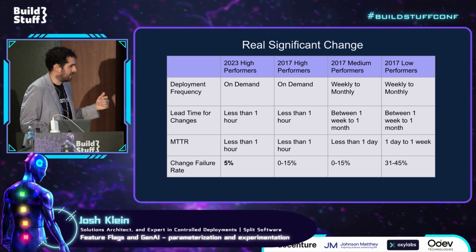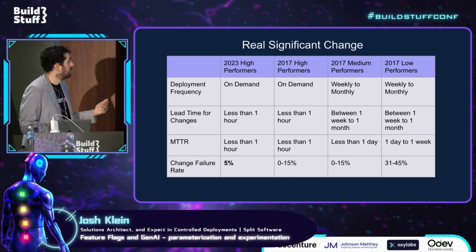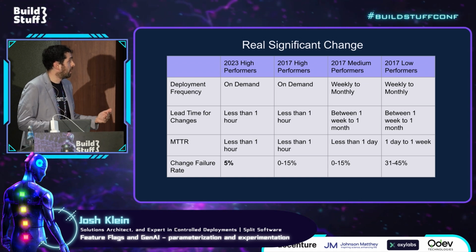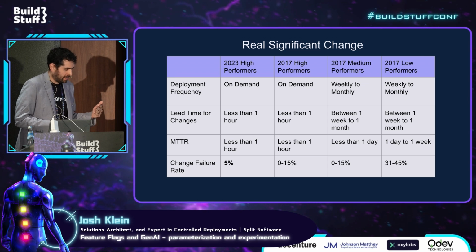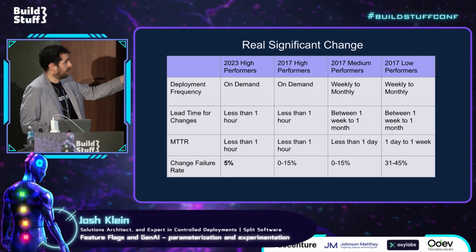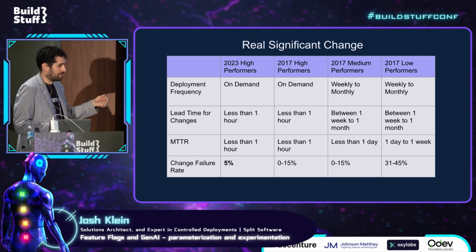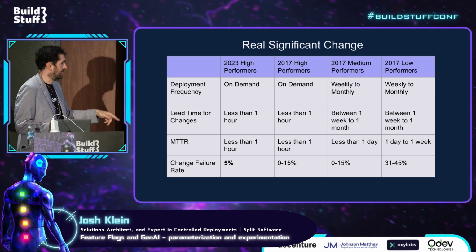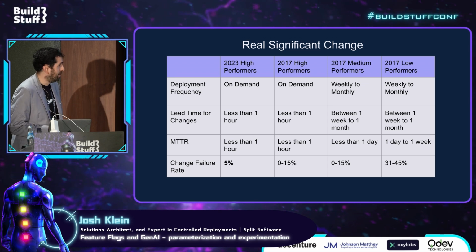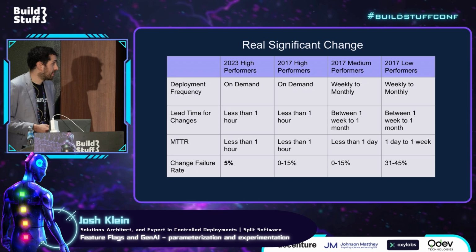But conceptually, to think about how these high performers are seeing things, right? If you're not deploying on demand, if your time for changes, from when you click the button to commit to production to when it's rolled out, medium or low performers are seeing that to be like a week or a month.